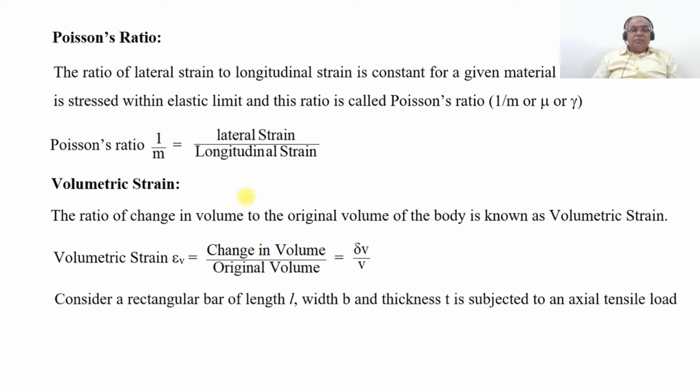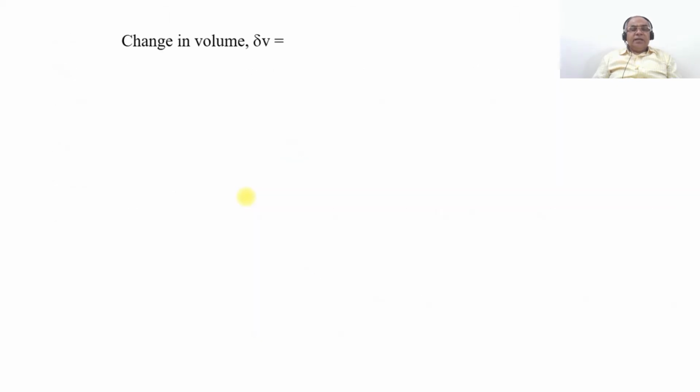So consider a rectangular bar of length L, width B and thickness T subjected to an axial tensile load. What is the original volume? Length into width into thickness, that will be equal to L into B into T. So when you are taking the change in volume, delta V will be equal to final volume minus original volume. What is final volume?